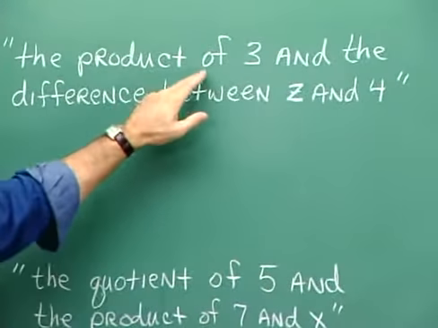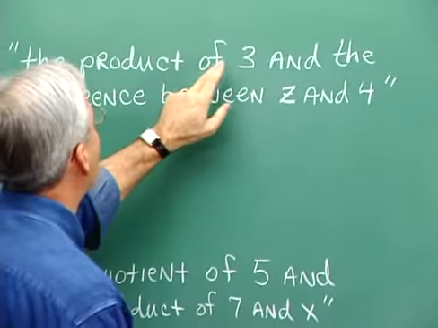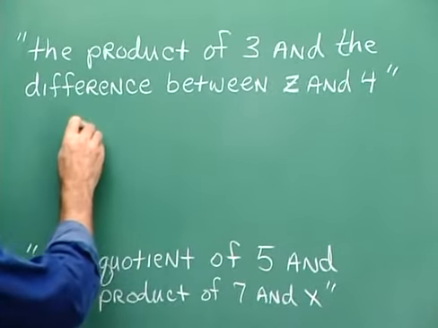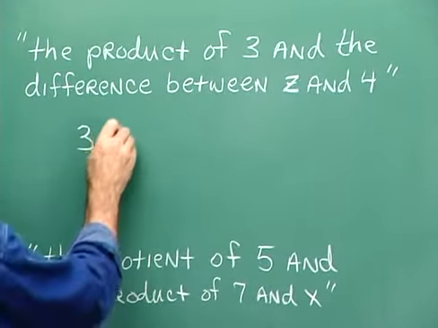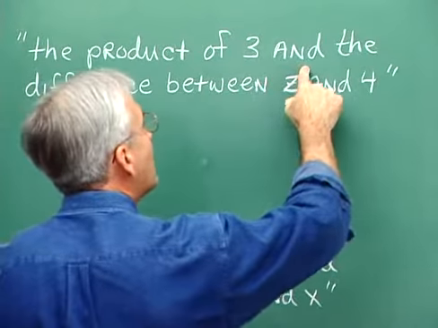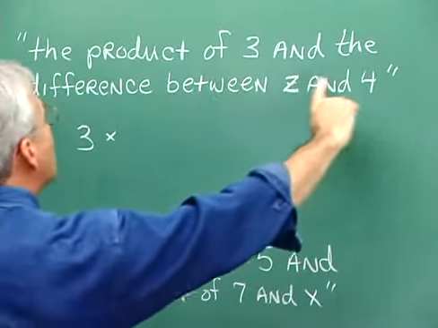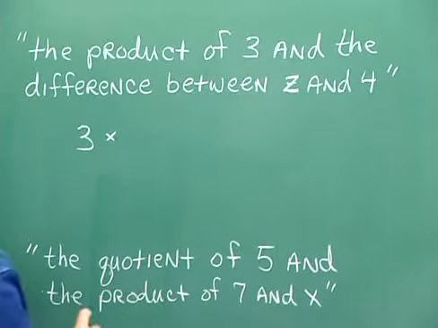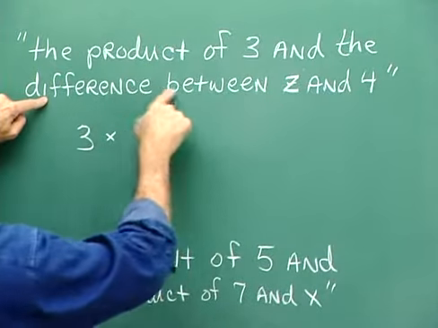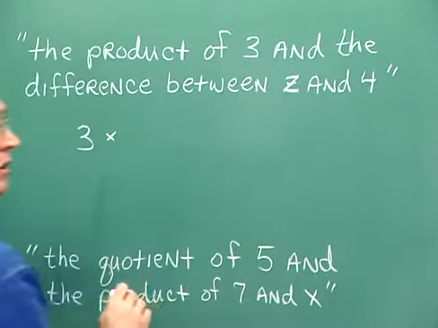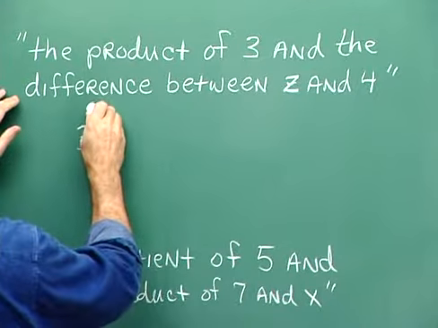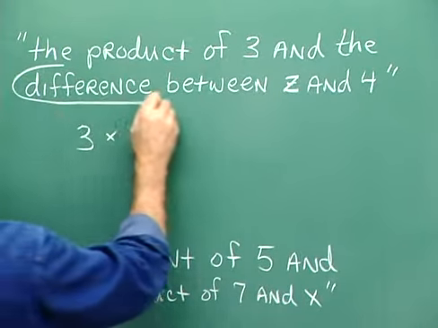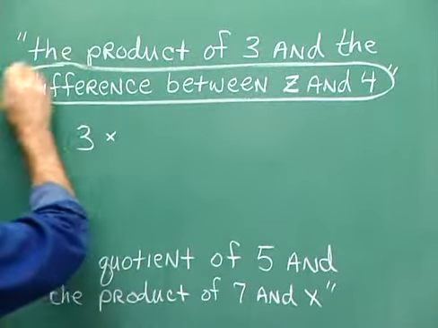Here's another. The product of, we're going to multiply. 3 and, that means 3 times. 3 times what? Now all of the rest of this is the other factor in that product. 3 and the difference between z and 4. Wow, okay, so the other item being multiplied is all of this.